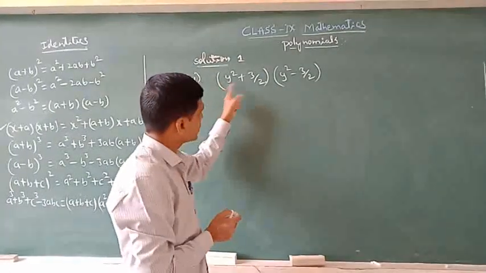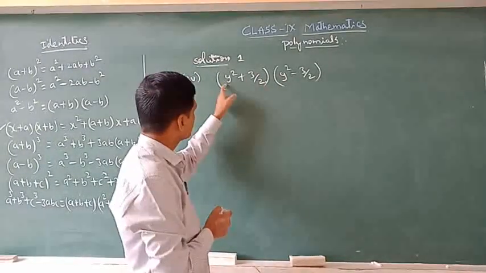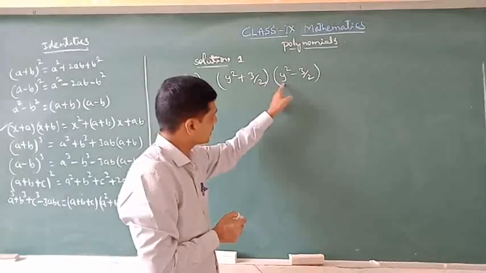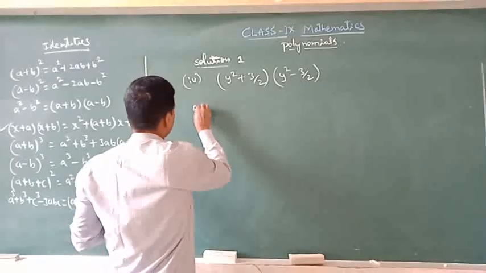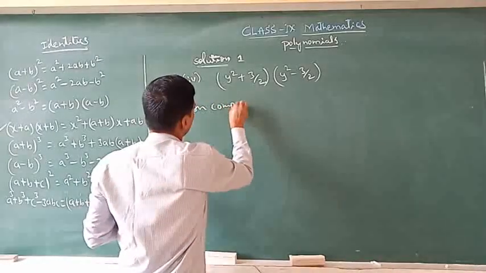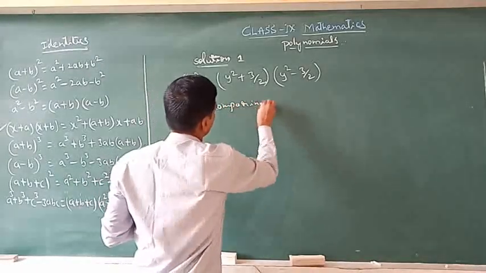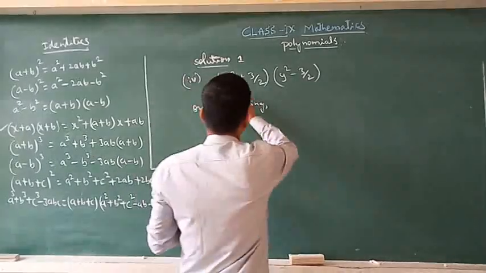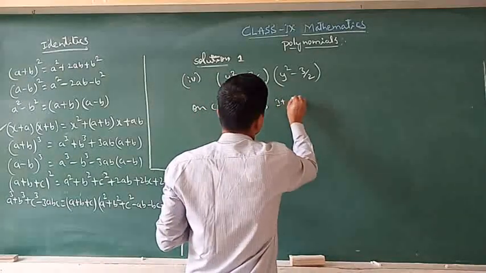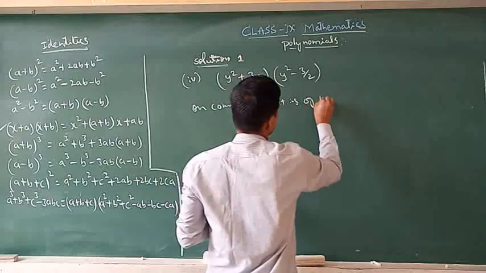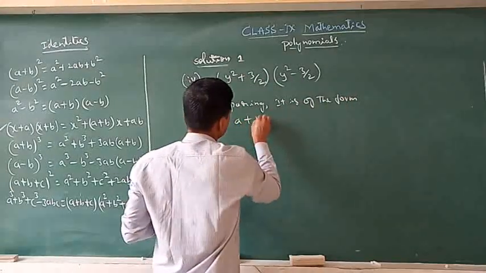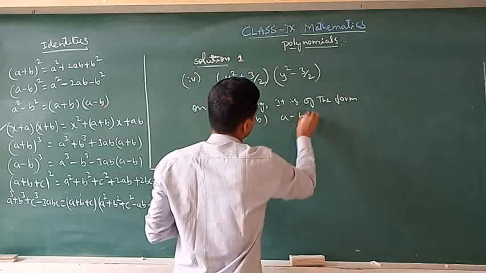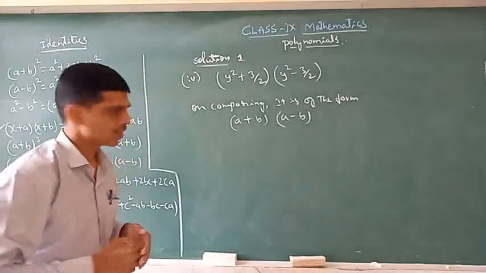Otherwise you can compare this one, x plus a and x plus b. x is same but b is not the same here. Okay, it is of the form (a + b)(a − b). The given polynomials are comparable.